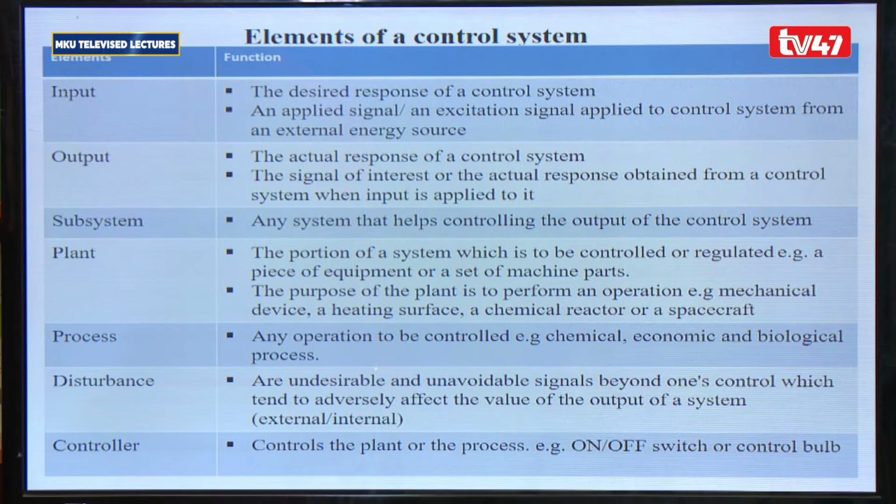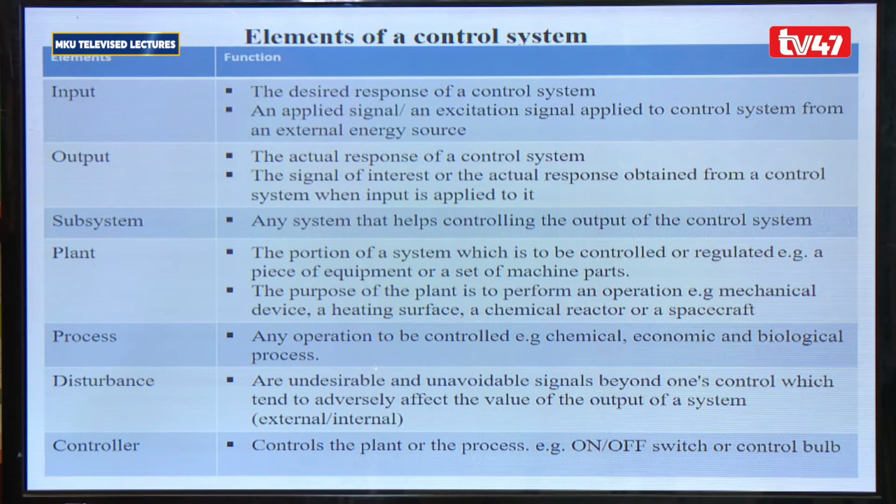So output is the signal of interest, or the actual response obtained from a control system when input is applied to it. I've explained that. Subsystem is any system that helps control the output of the control system.